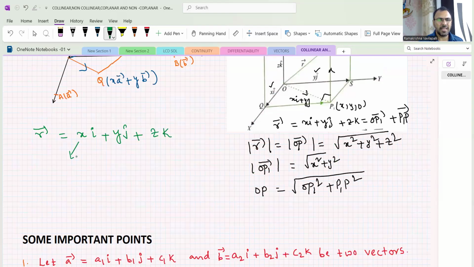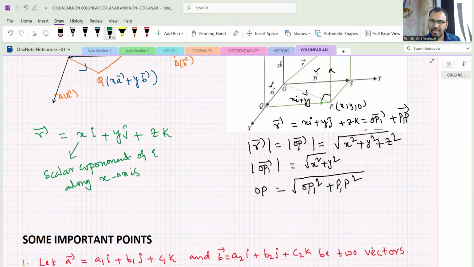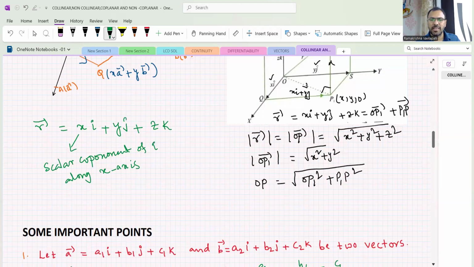This is known as a scalar component, or simply component, along the x-axis, or you can say the scalar component of i. Similarly, y is the scalar component of j, and z is the scalar component of k. xi is the vector component, yj is the vector component, zk is the vector component along the z-axis.